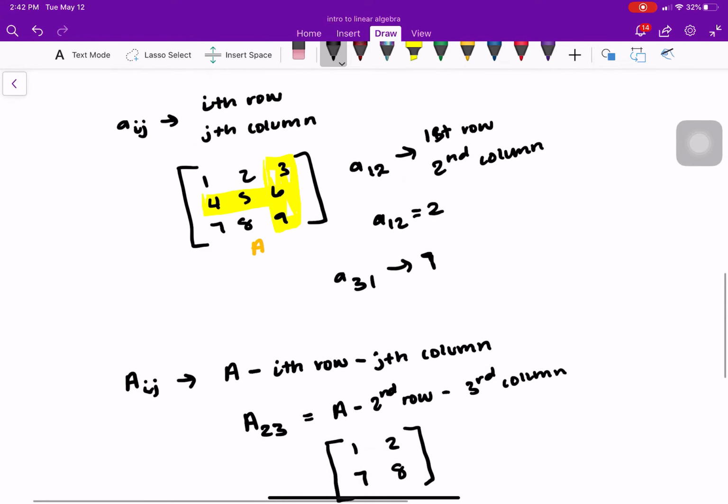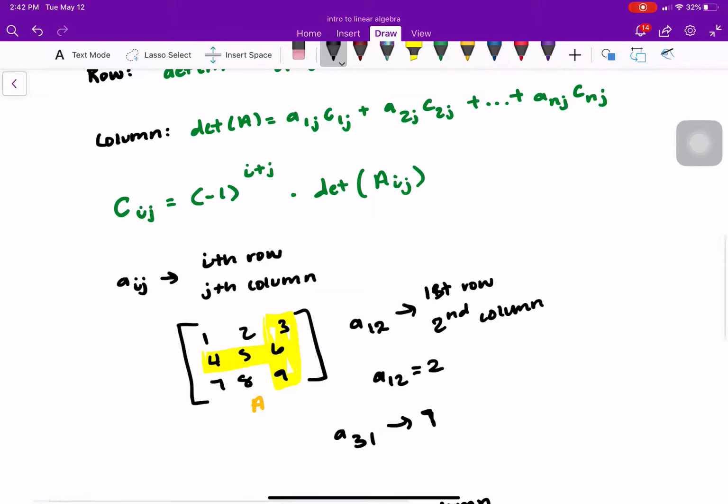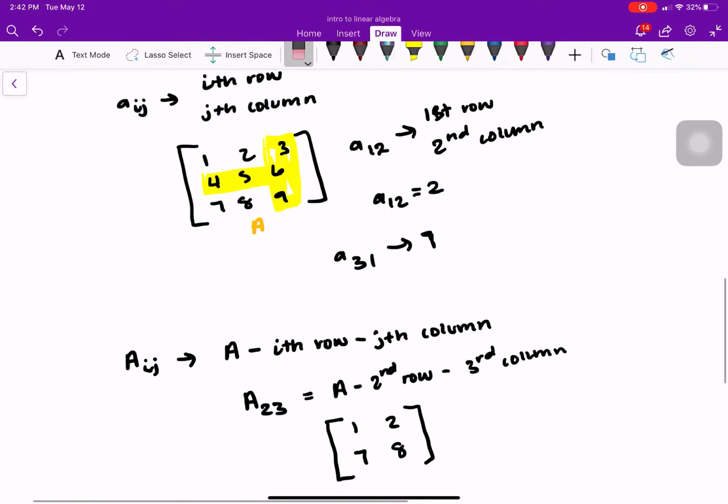Now, why do we have this element here, (-1)^(i+j)? It's kind of complicated, and it goes back to vector calculus. Anytime we're finding the determinant of a matrix, there's always this plus and this weird minus that comes out. The C element ensures that we know whether it's going to be a plus or a minus.